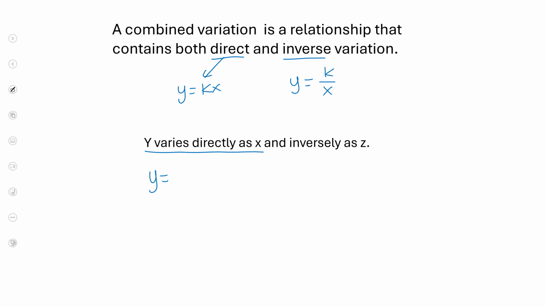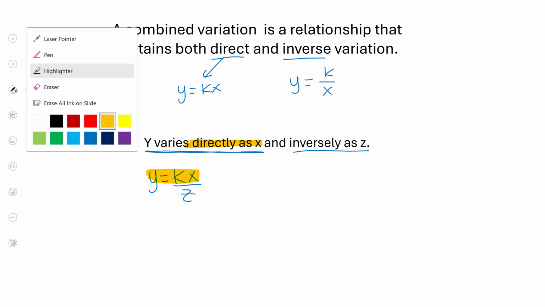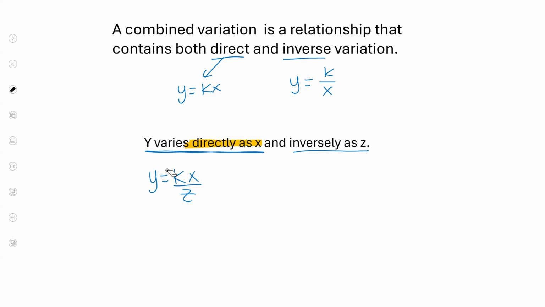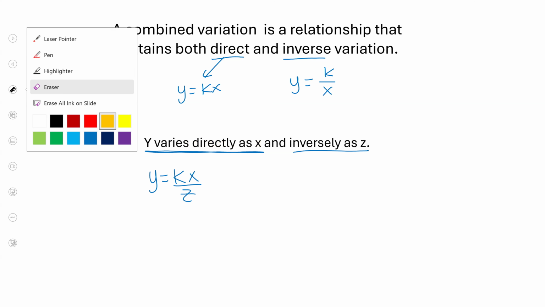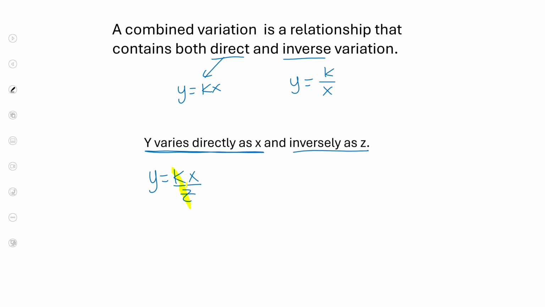Okay, so y varies directly as x, but inversely as z. So I'll highlight it for you. This is the direct variation, and this is the inverse variation.